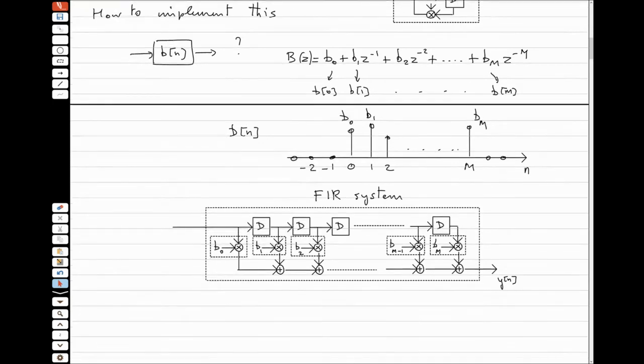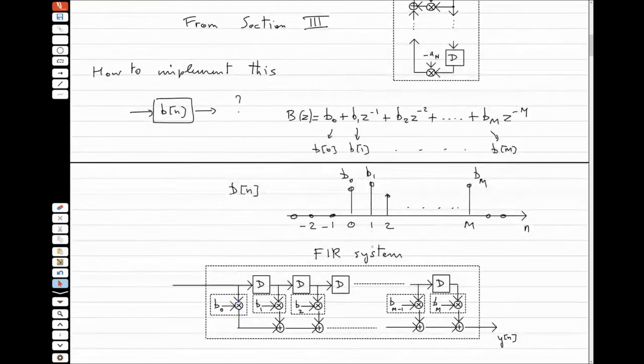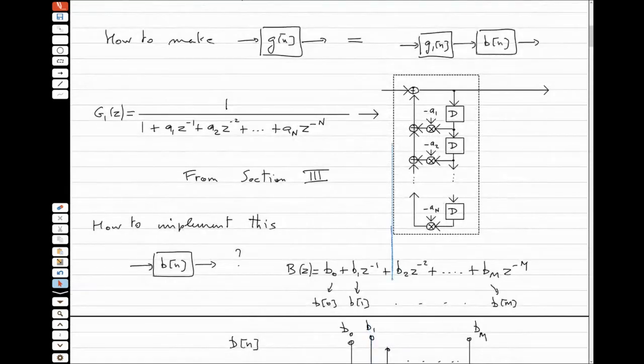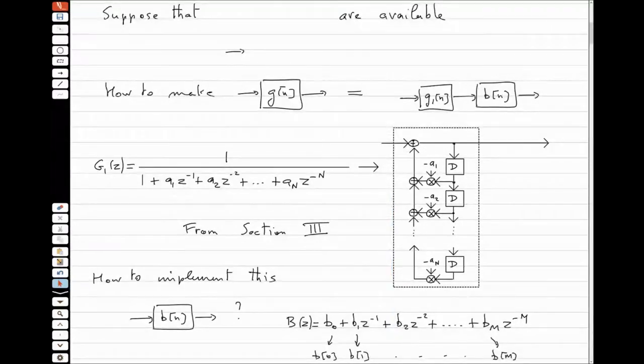All right, so to make this system, you need to cascade these two systems together. The second system is the FIR system. So as a final result, you are going to get this global system that I'm going to show you.